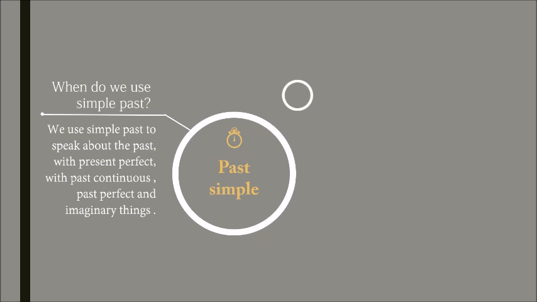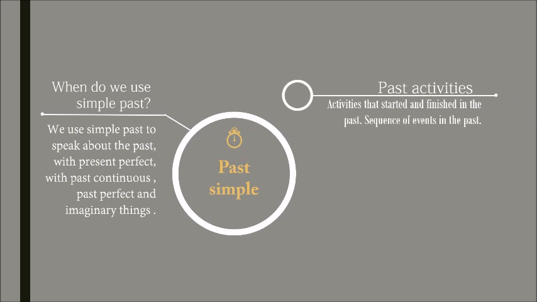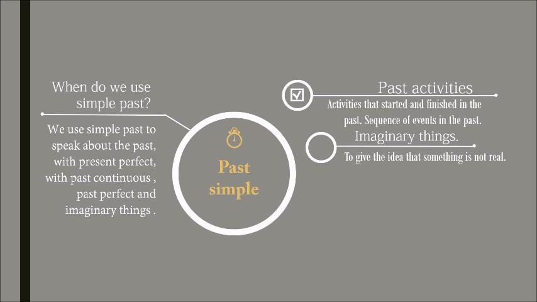Let's see them. So we use simple past with past activities, activities that started and finished in the past, or with a sequence of events in the past. We use simple past with imaginary things to give the idea that something is not real.